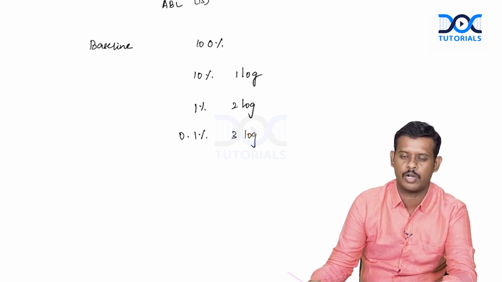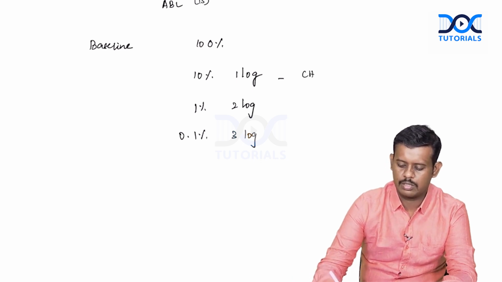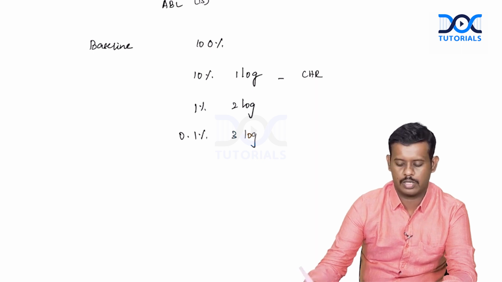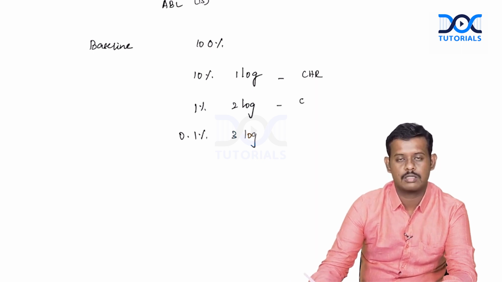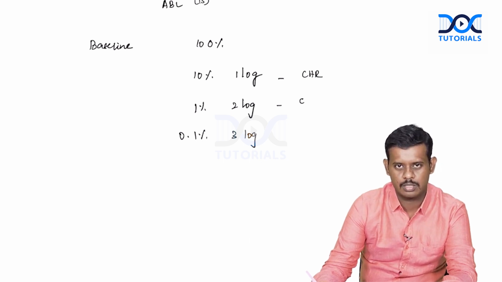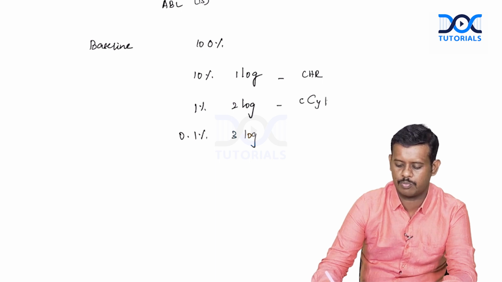This 1 log reduction usually correlates with CHR, that is complete hematological response. A 2 log reduction means you have seen in the peripheral blood the BCR-ABL transcripts is 1%. In this patient, if you do a bone marrow now, you will see a complete cytogenetic response.